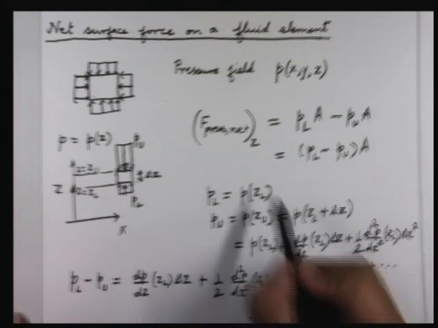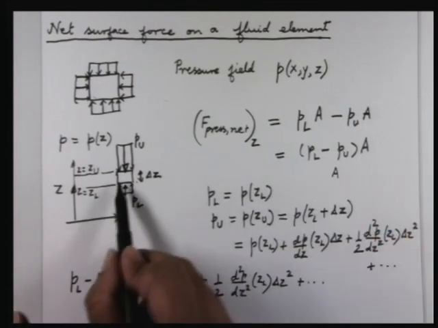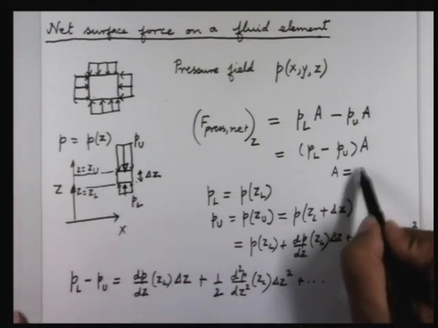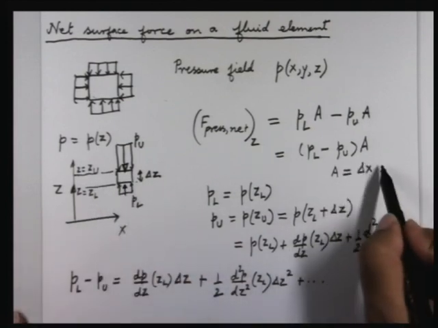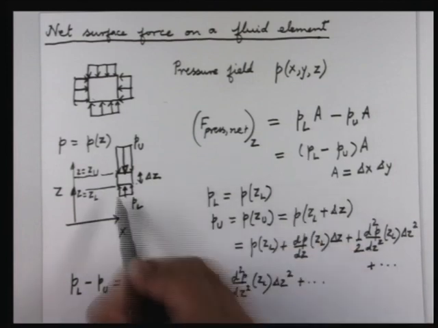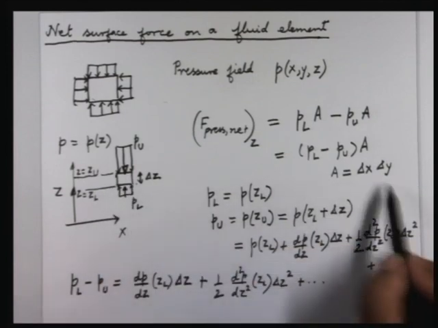Now what is this area? We are taking a small rectangular element. So this area is delta X into delta Y if you take a 3D element, because this is a surface which is perpendicular to Z, so there is no Z over here.